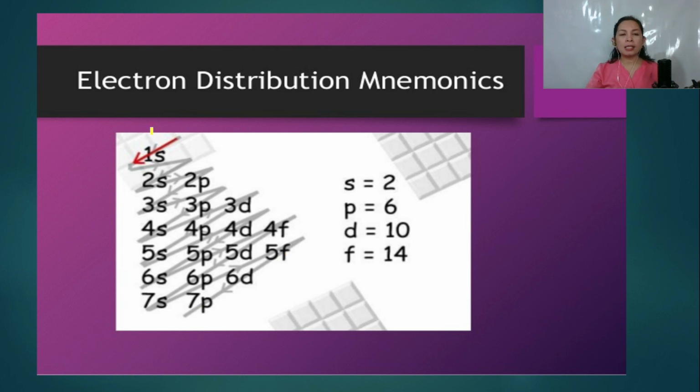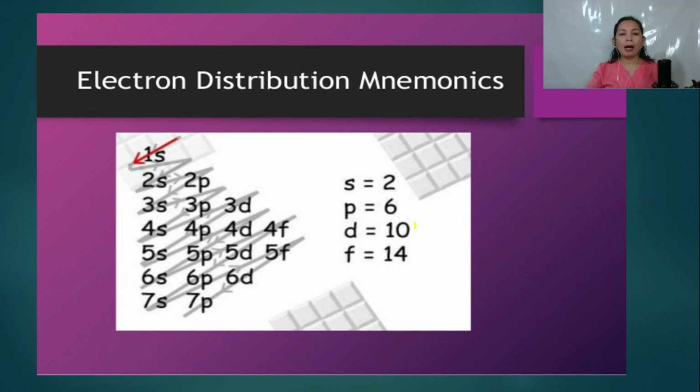This is the arrangement of the atomic orbitals in order of increasing energy, wherein 1s is the lowest energy and 7p has the highest energy.